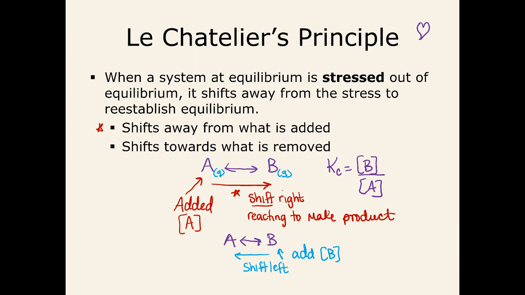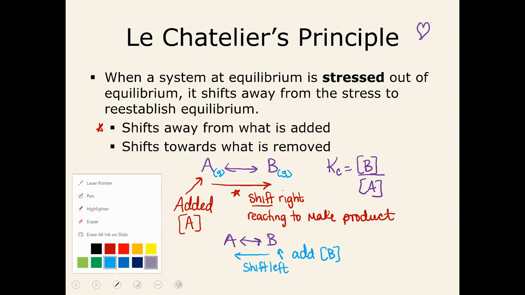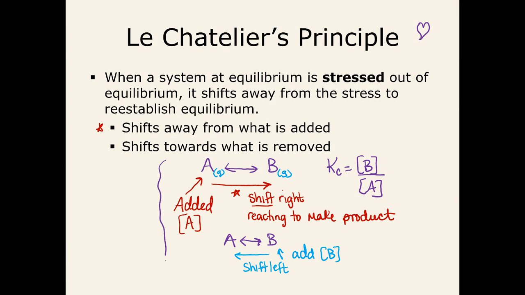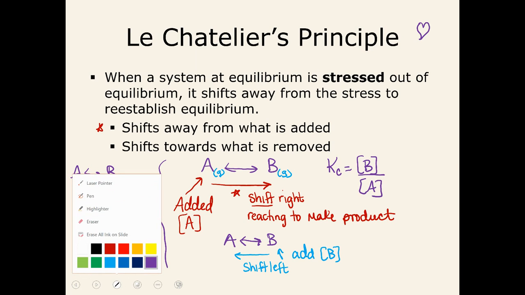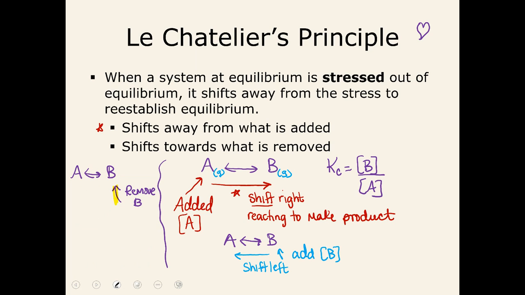Okay, now, what if we remove something? So let's say I remove B. Well, if we remove B, I think that arrow makes it look like I'm adding it, so I'm going to change it.